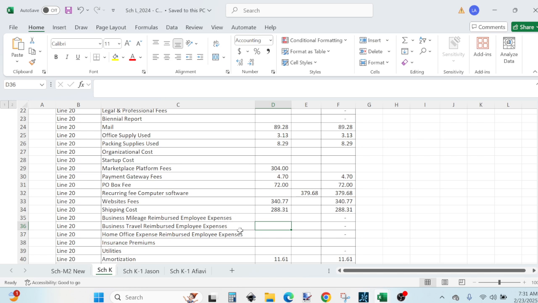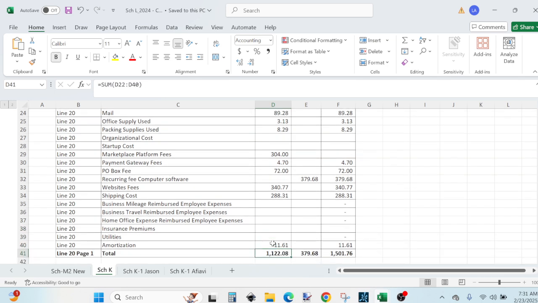So if you reimburse for mileage, travel, or home office, I have space for those. Utilities, so if you are using your home, a portion of those, if you can segregate it, you can put it as well. It can just go in the home office, or it can go separately as well. Or if you are renting a place and you are paying for utilities, it will go there as well.